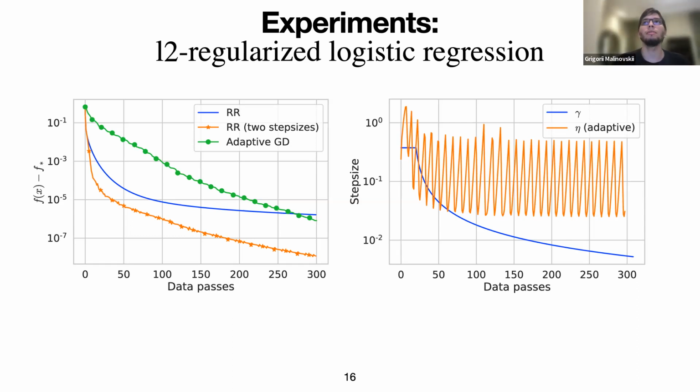And also we can see how our step sizes are changing. So we have decreasing gamma here, and as we can see, eta jumps from the large regime to the small regime during epochs, which means the method tries to control two types of variance at the same time.